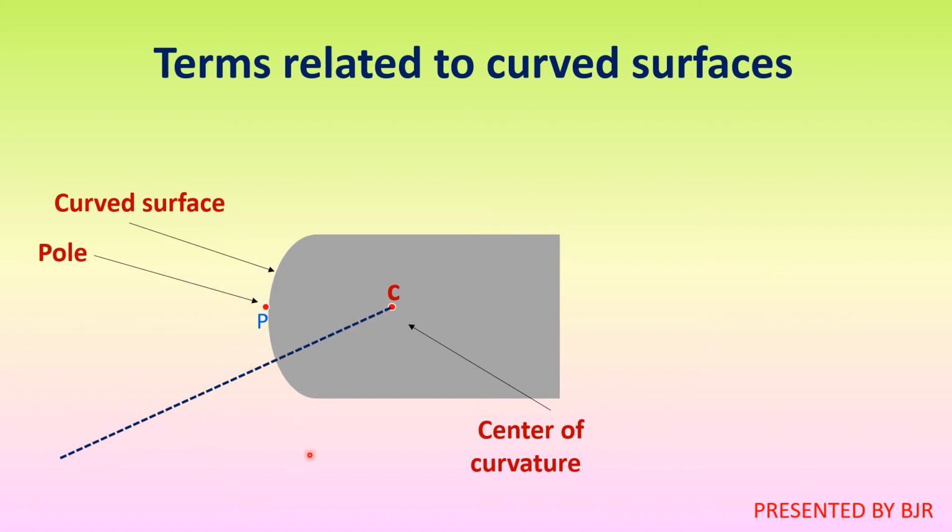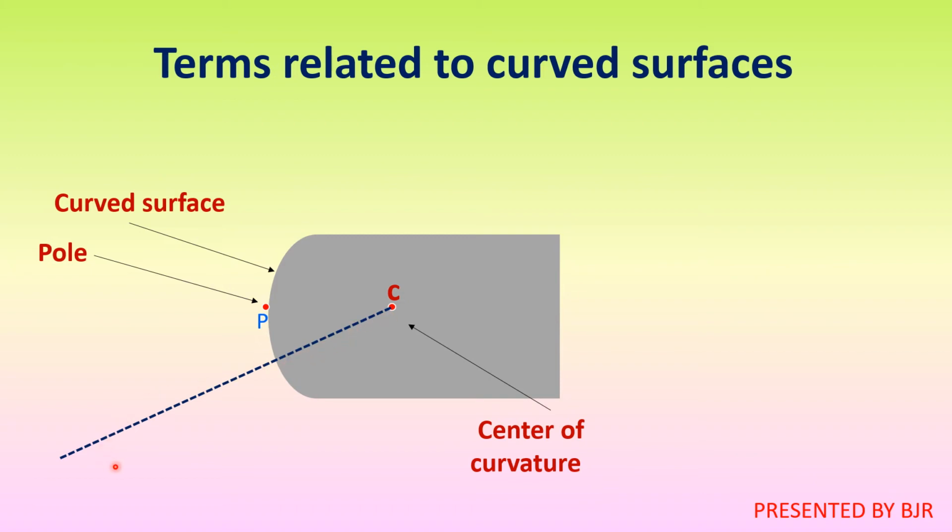Actually, we have to draw the tangent here at this point, and we know that the radius of a circle is always perpendicular to the tangent drawn at any point on its circumference. So if you draw the tangent, this tangent is always perpendicular to the radius.